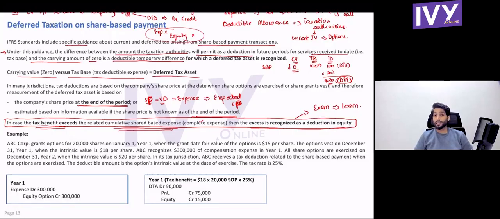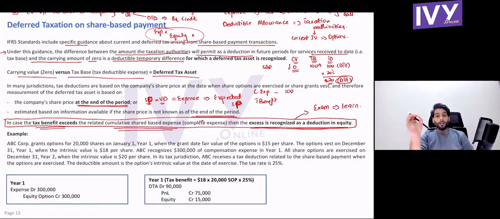Now this is a very technical point, I might tell you. They are saying if the amount of tax benefit exceeds the amount of cumulative expense being recognized in accounting, for example, cumulatively, year 2, year 3, whatever the case may be, you have recognized a share-based payment expense of 100.